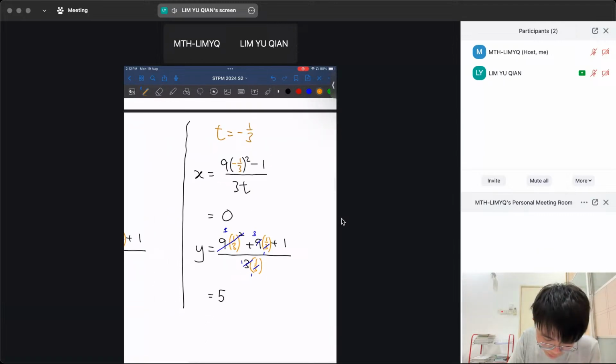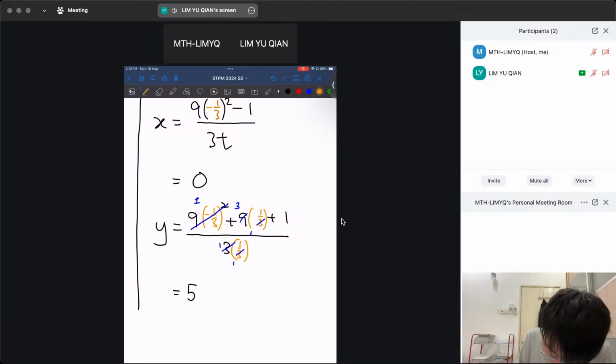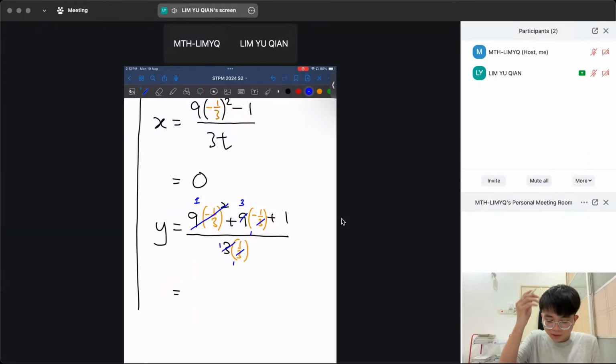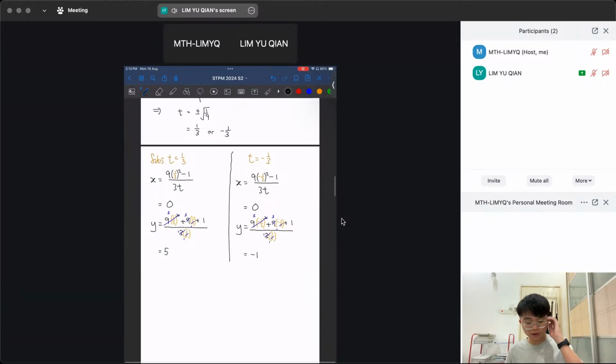Plug this one also is 0. Then plug in negative, this one also is the same. It's 1 also. This is negative 3. So this becomes negative 3. Okay. 1 minus 3 plus 1. Negative 1 over 1, negative 1. Okay, so these are the two values.